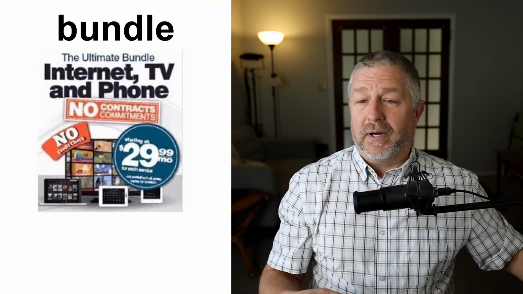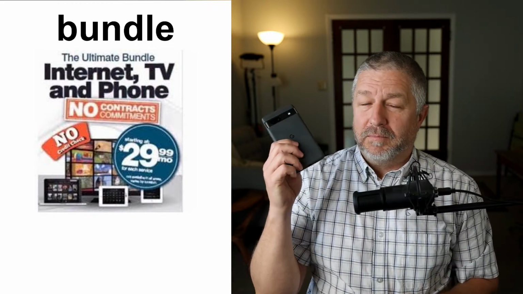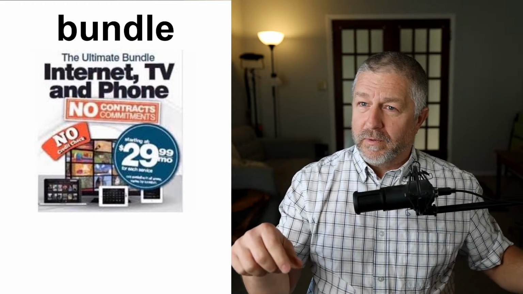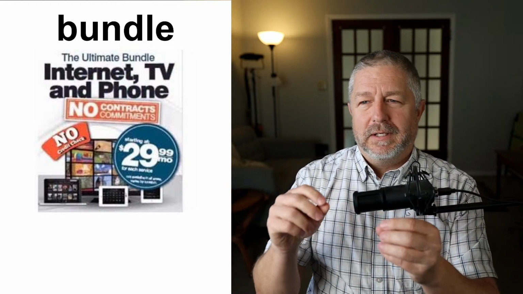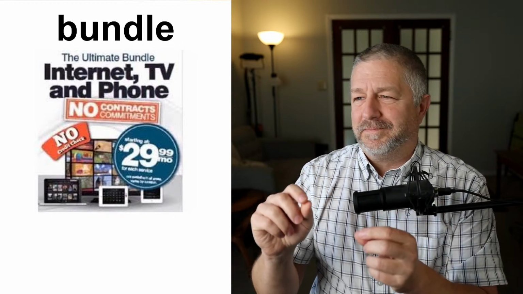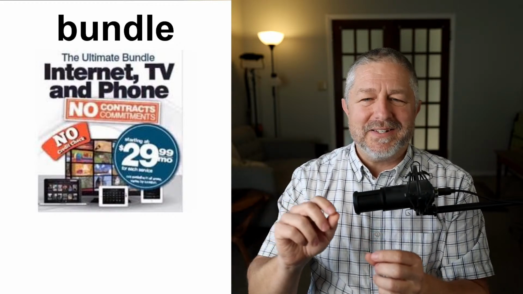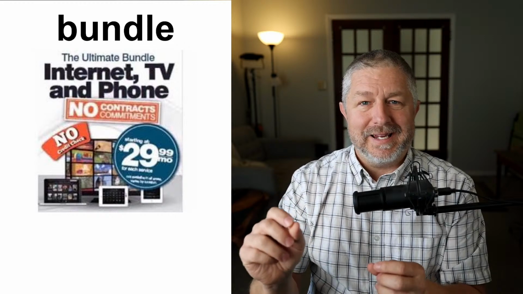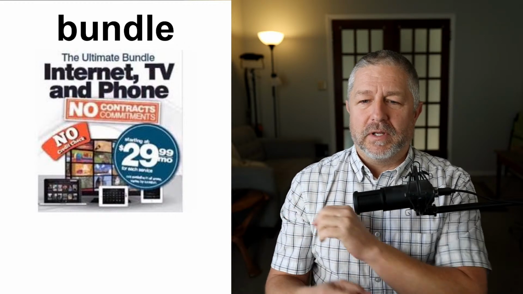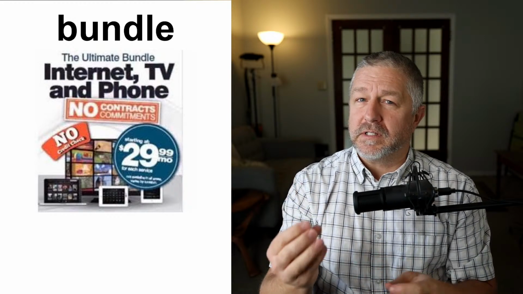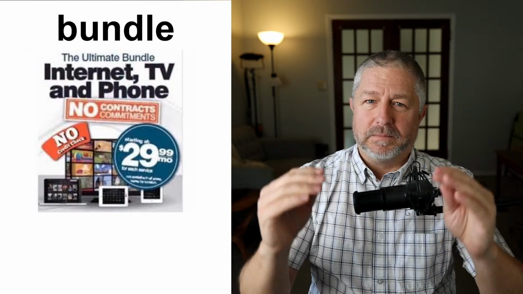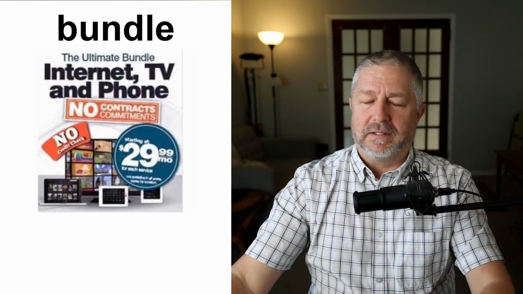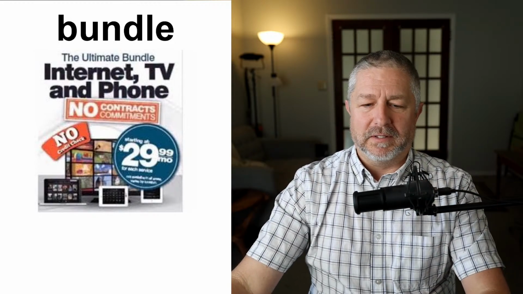I could actually bundle my mobile phone, my home phone, my internet, and my TV all together, but it wouldn't work well for me because the internet connection isn't the one I need for live streaming. But if you want to save some money, you can buy all of those services from the same company, and they will give you a discount. A discount means you pay a little bit less. So that's called a bundle.